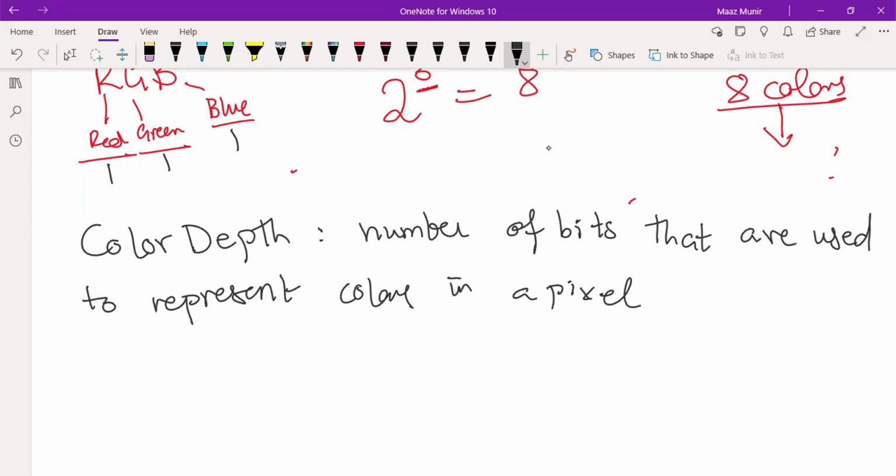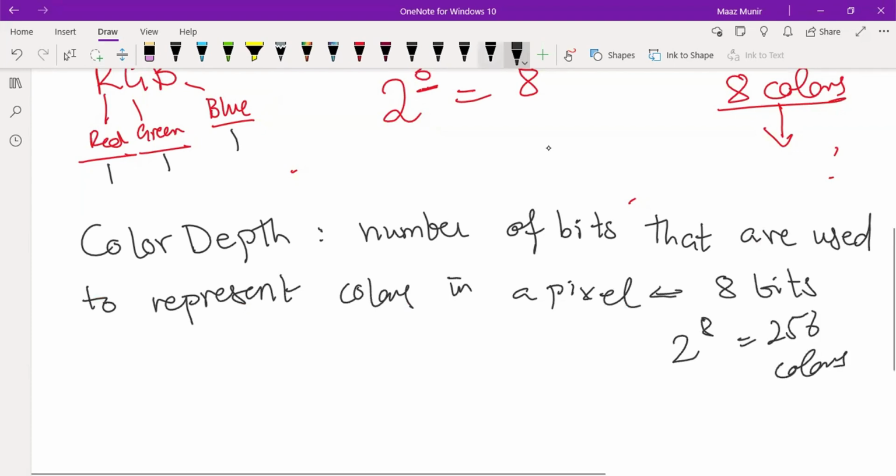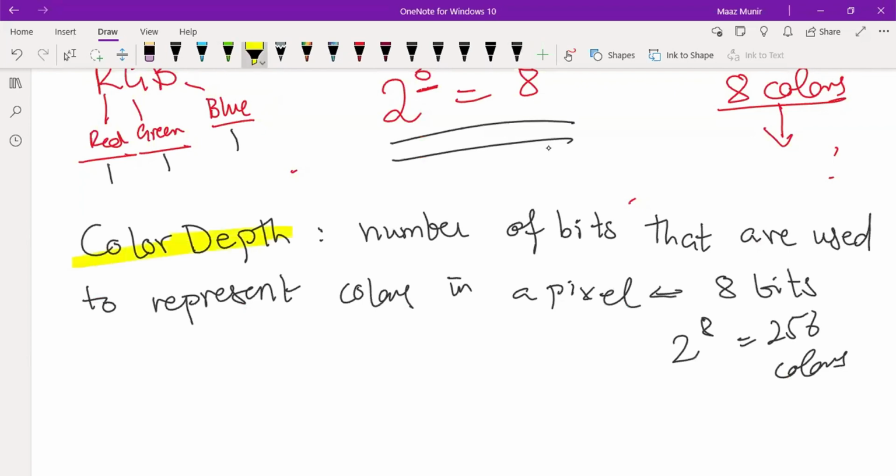Let's say if we have 8 bits, we could have 2 raised to power 8 equals 256 colors, right? We discussed this previously up here in this section. And this means that the color depth for this image is basically 8 bits, which is the number of bits that are used to represent each color in a pixel. So a simple plain pixel could have 256 different colors.